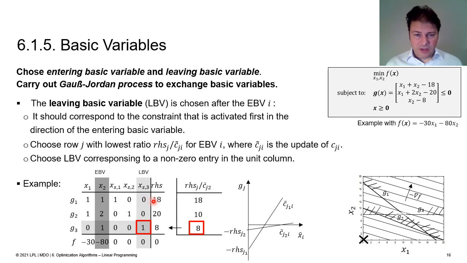Yeah? So then you would have coefficient times design variable minus right-hand side equals 0, and you're looking now for the root, the first time that your inequality constraint function becomes 0. And which constraint function will become 0 first is a question of what the ratio of the right-hand side and the associated coefficient will be.